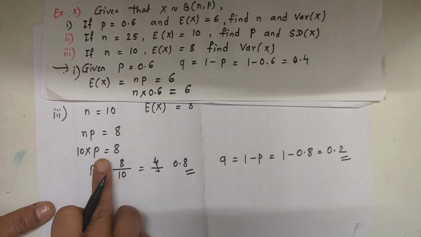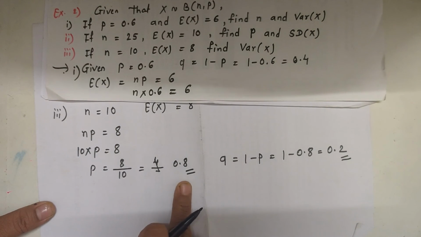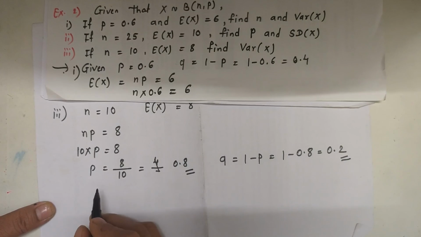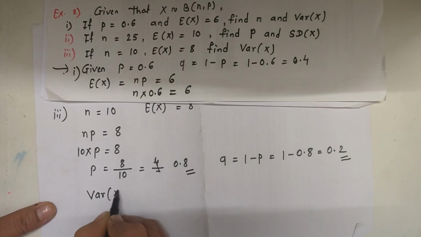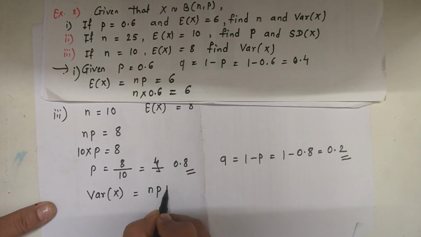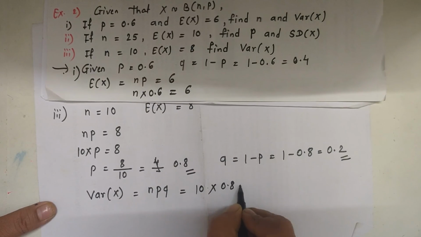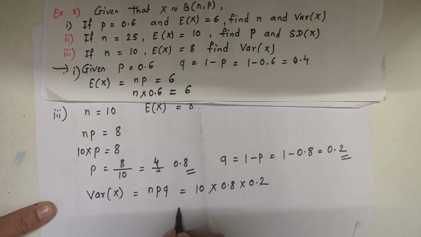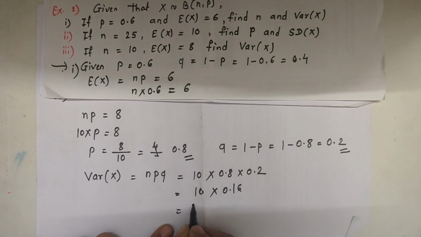So using these values, n is equal to 10, p is equal to 0.8 and q is equal to 0.2, we get the value of variance of x. Variance of x is equal to n into p into q. 10 into p is 0.8, q is equal to 0.2. 8 into 2 is 16, that is 0.8 into 0.2 is 0.16, and 0.16 into 10 is 1.6.